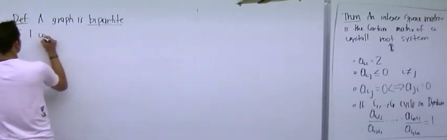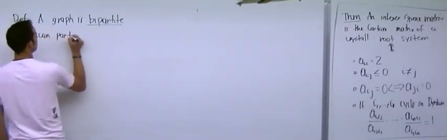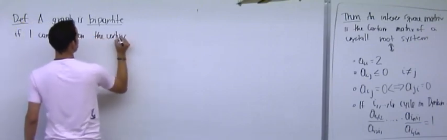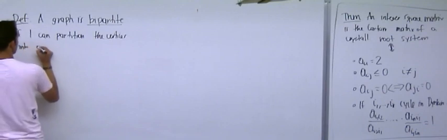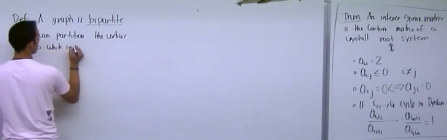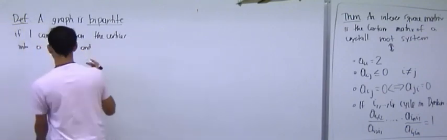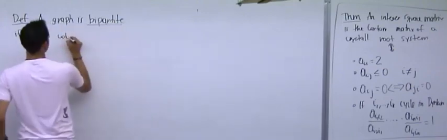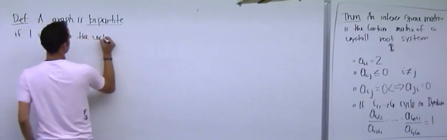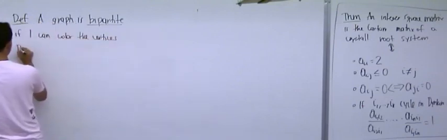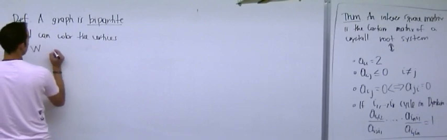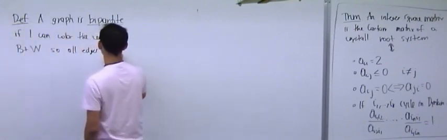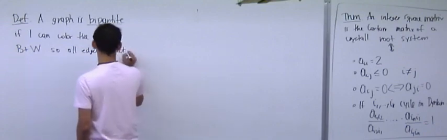So if I can partition the vertices into, let's say, a black set and a white set, let's say if I can color the vertices black and white so that all edges connect a black and a white vertex.